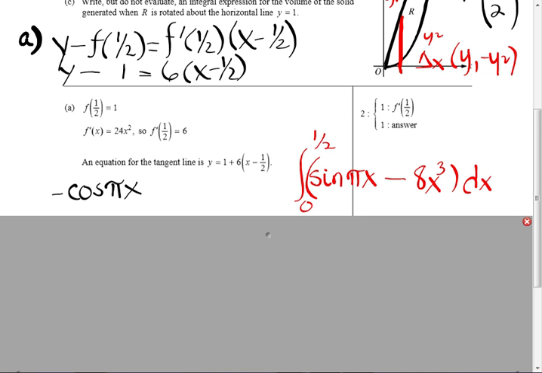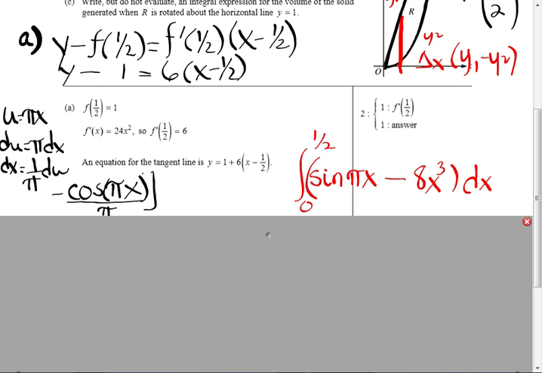Chain rule. Don't forget the chain rule. Times what? Pi. But I don't have a pi there, so what do we have to do? Divide by pi. You could do a u substitution if you'd like. U equals pi x. So du equals pi dx. So dx equals 1 over pi du.